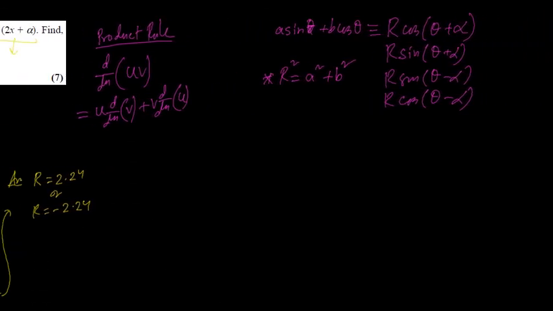For finding the value of alpha, what we need to remember is this: sine alpha by cos alpha is tan alpha. That's all we need to know. We need to know the value of sine alpha and the value of cos alpha, so then we can find the value of alpha by tan inverse. Nothing else to it.